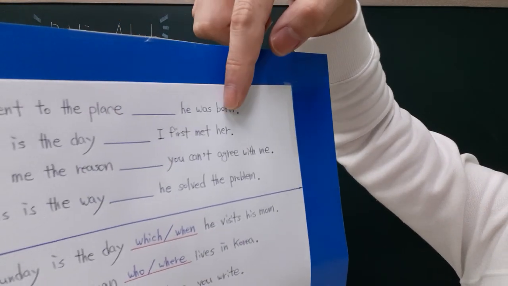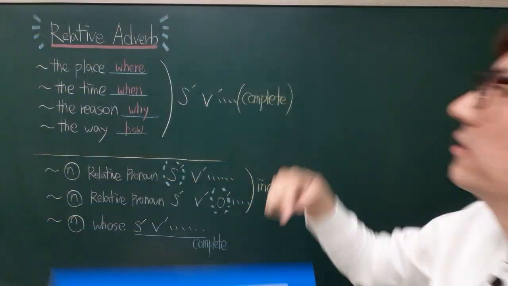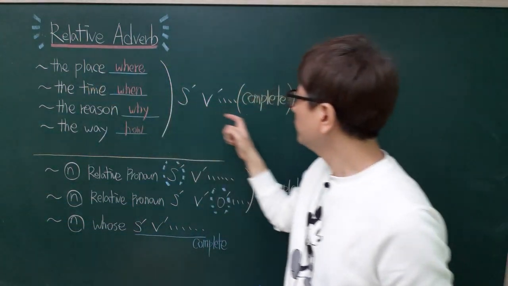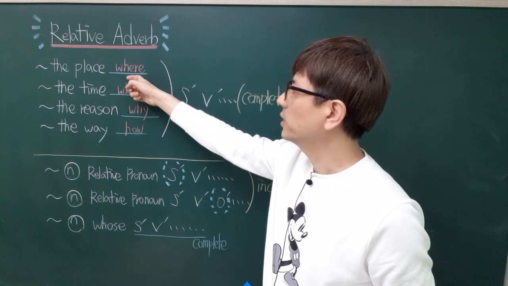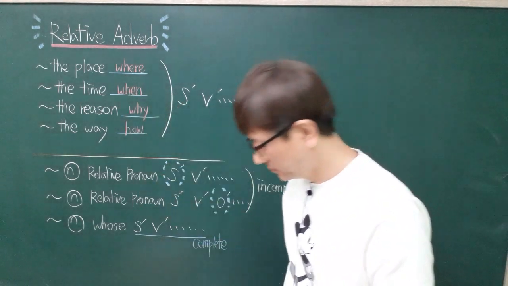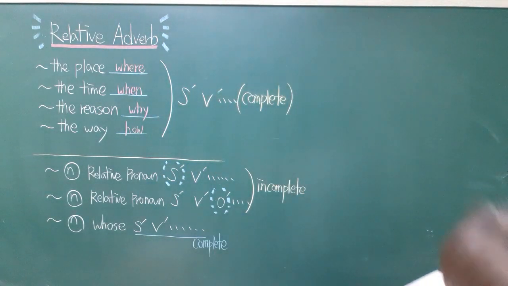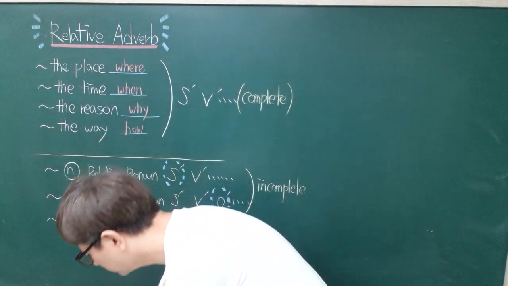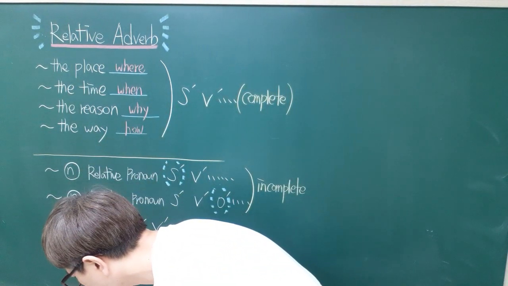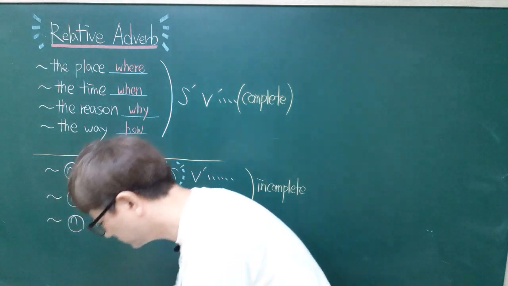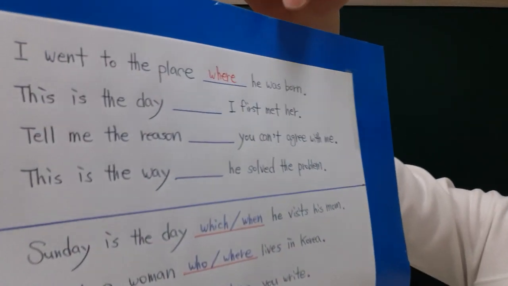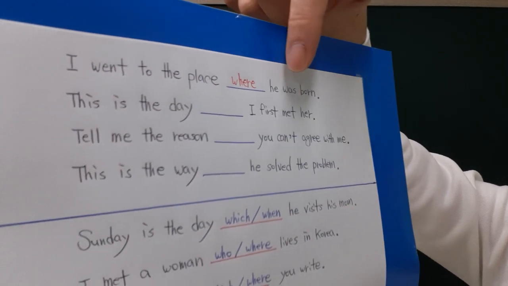So place, complete sentence, then we should have the relative adverb where. So the correct answer is where. I went to the place where he was born.